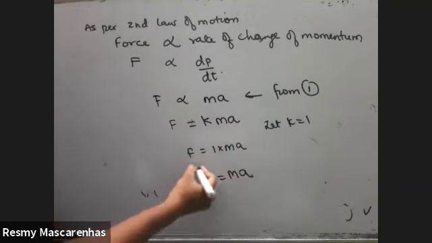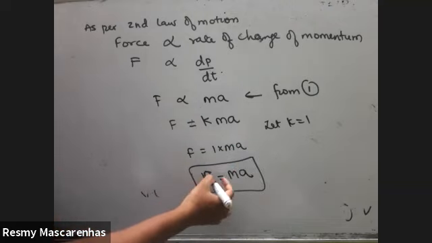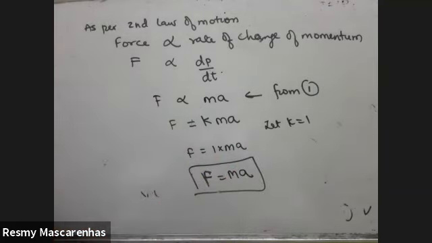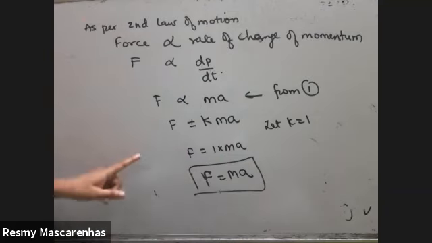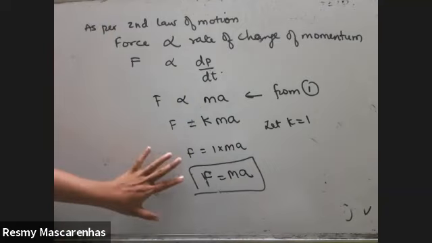This everybody knows. The formula for force is mass into acceleration. So this is the derivation for force. If you are asked to derive the equation for force, from starting whatever I have given, let us consider a body, you have to do it till here.